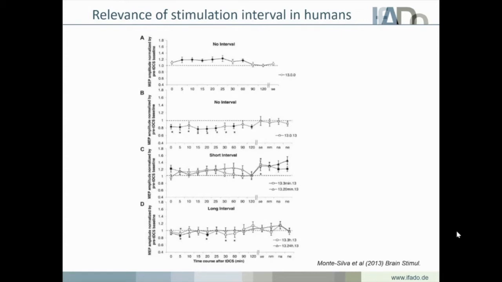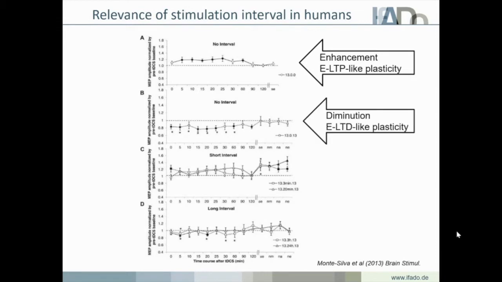With no interval, when a 1 milliampere, 30 minutes anodal protocol was applied in the motor cortex, there was, as we expected, an enhancement of cortical excitability that lasted up to 1 hour, which represents an early phase LTP-like plasticity. When the stimulation duration was prolonged from 13 minutes to 26 minutes, there was a conversion of the enhancement to a diminution, which is LTD-like plasticity.